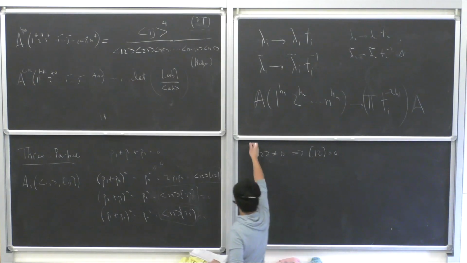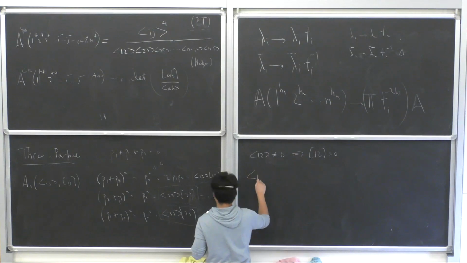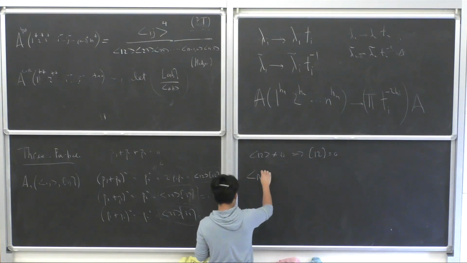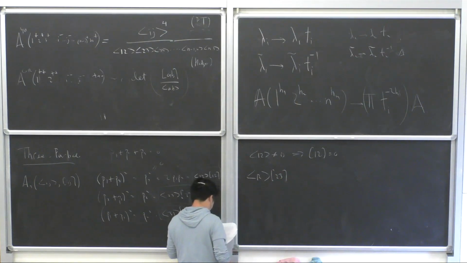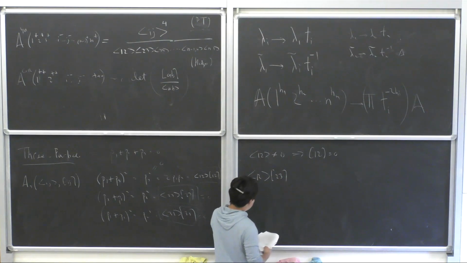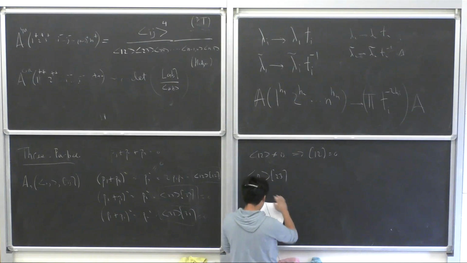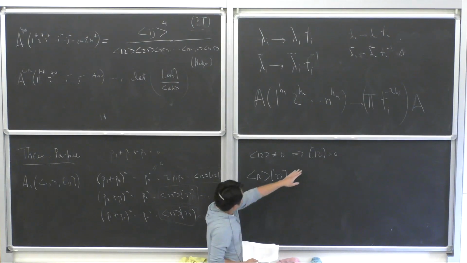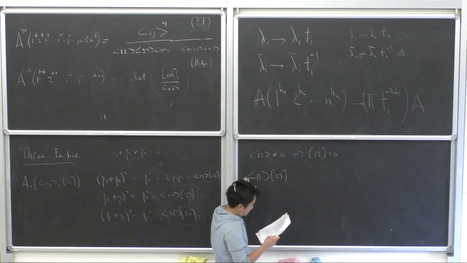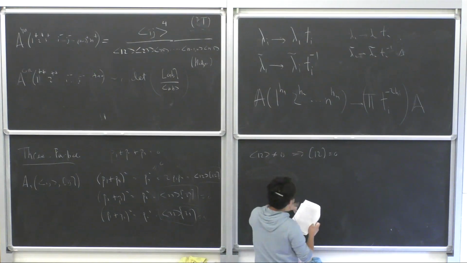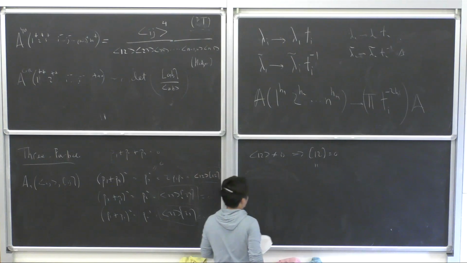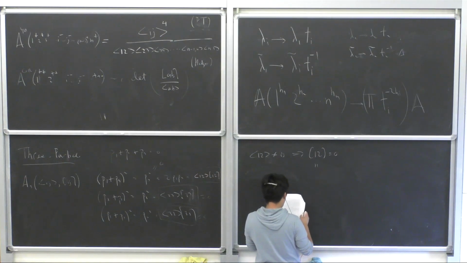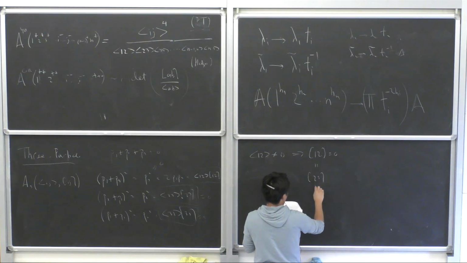Let me skip the algebra. If you keep plugging these in sequentially into each equation and use momentum conservation, you find that [12] is 0, [23] is 0, and [31] is 0.